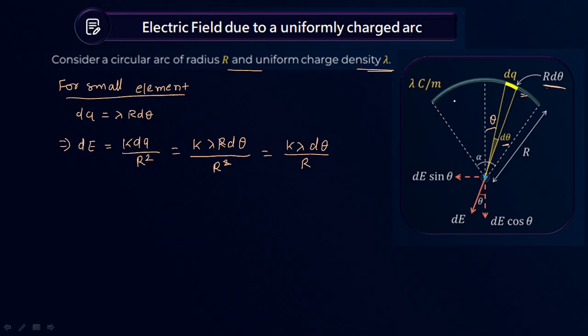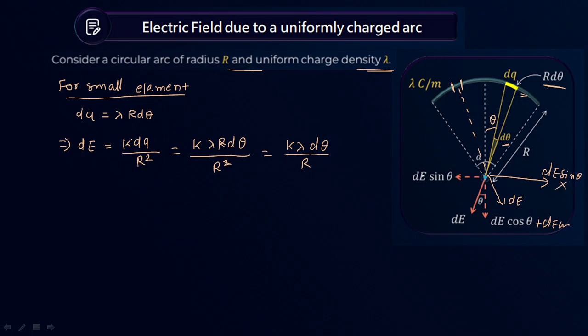Now if you consider one more element at this point, having the same angle theta from the angle bisector, this dE will be in this direction. Now again we can break it into two parts: dE sine theta, and in the vertical direction dE cos theta.